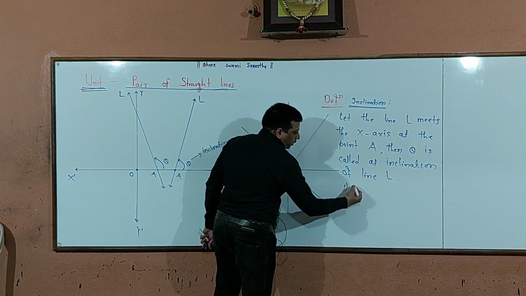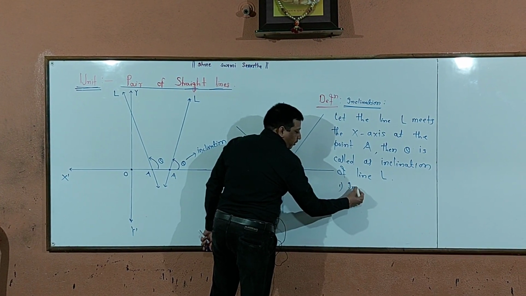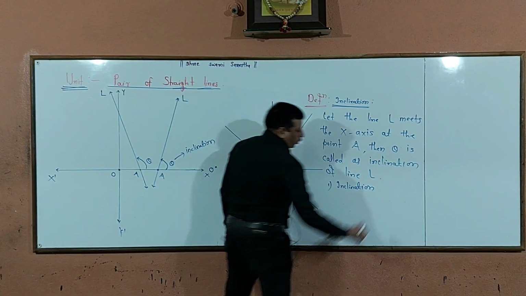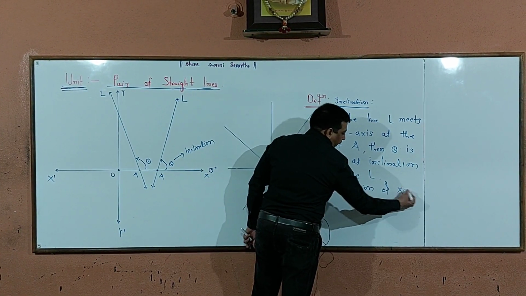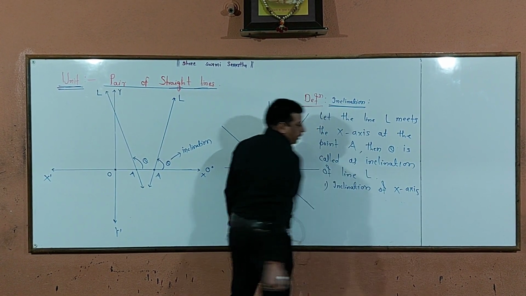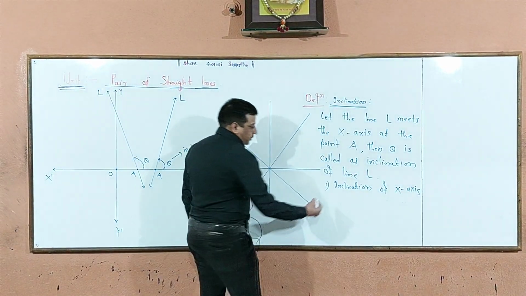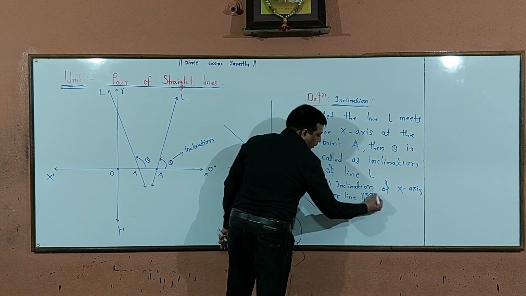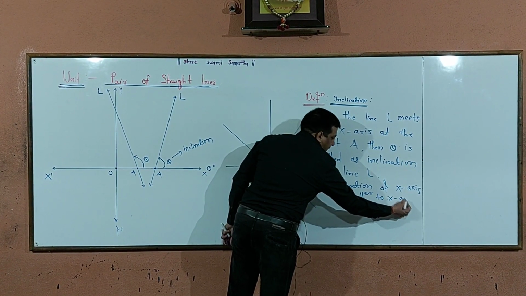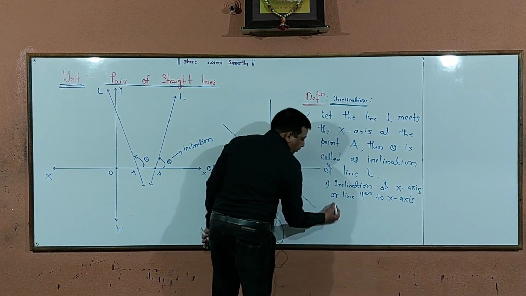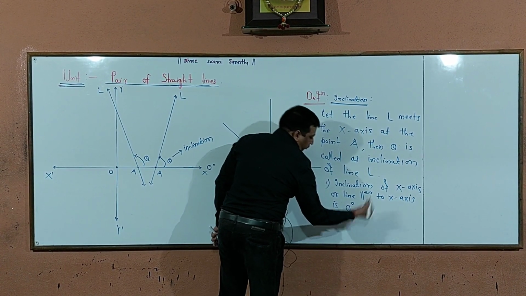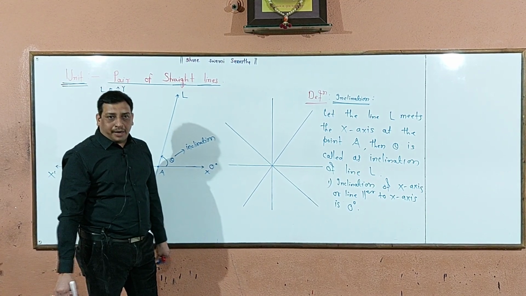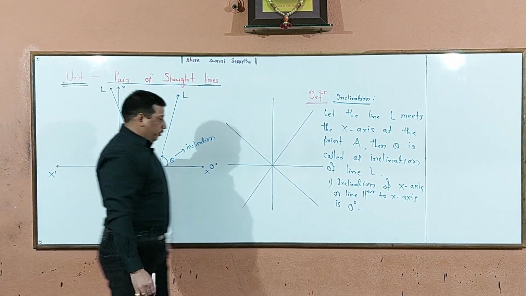So the first point: the inclination of the x-axis or a line parallel to the x-axis is 0 degree.